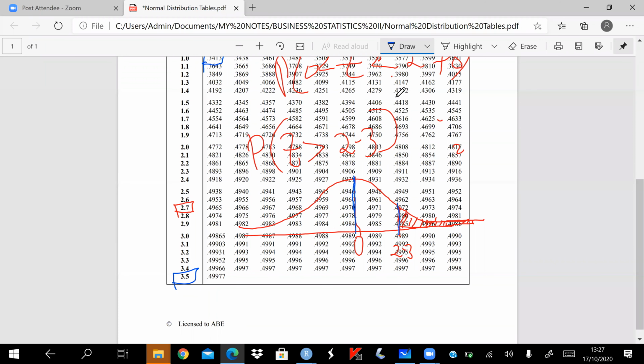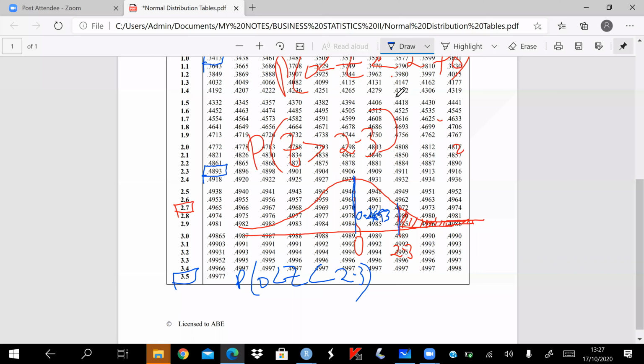So you'll go to 2.3, this is the number. So this is 0.4893. So that is the probability that z is between 0 and 2.3.